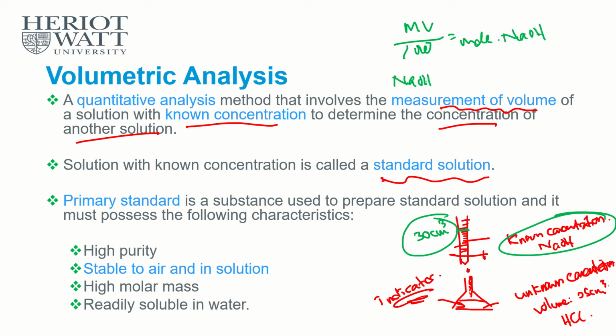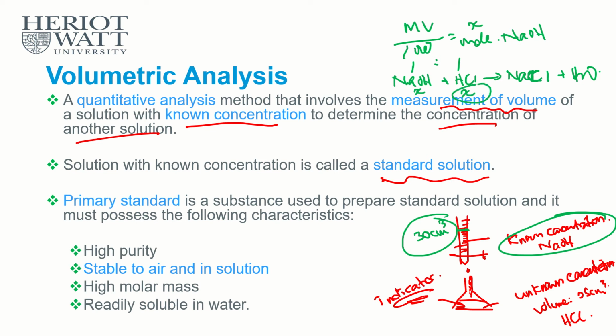We write the equation out: NaOH neutralizing HCl, giving NaCl plus H2O. This is a balanced equation, and we find that the ratio is 1 to 1. So let's say I have X mole of NaOH. What is the number of mole of HCl? The same, X mole, right?